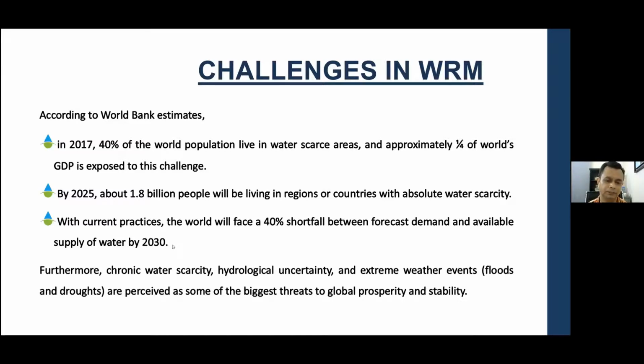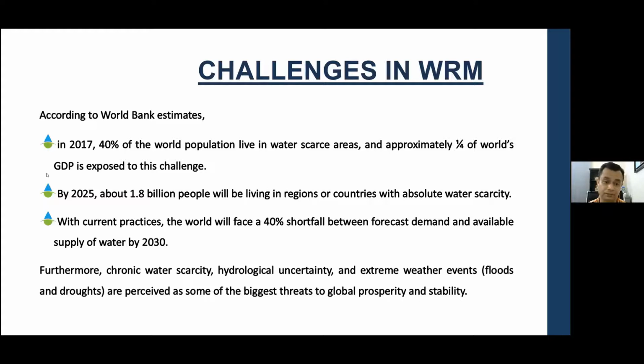We are on the verge of a very crucial moment for managing water resources, because in 2017, 40% of the world population lived in water scarce areas.